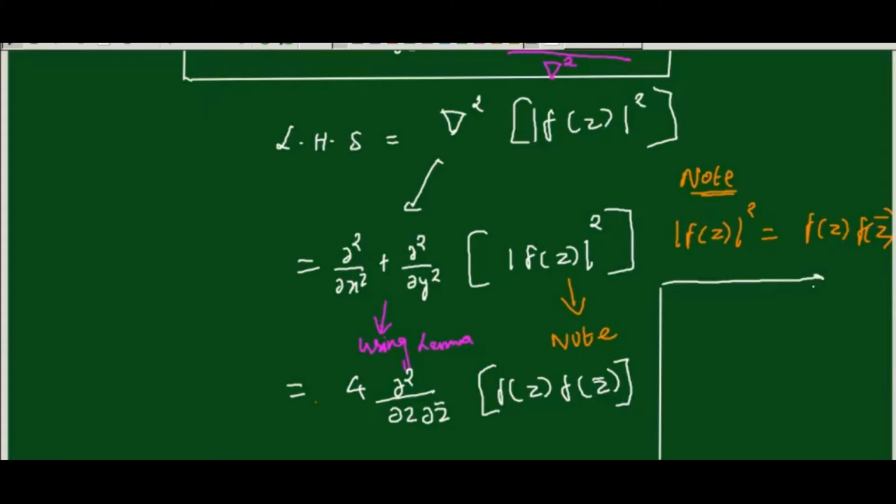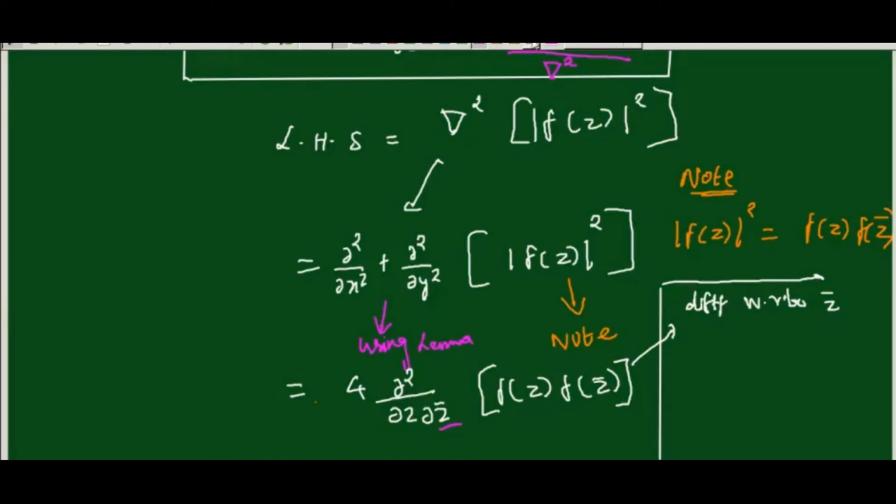The same thing I'm going to do. In the next step, you have to differentiate with respect to the inner function, that is, with respect to z bar first, because we always differentiate the inner function followed by the outer function. Here the inner function is f of z bar, so you differentiate with respect to z bar.